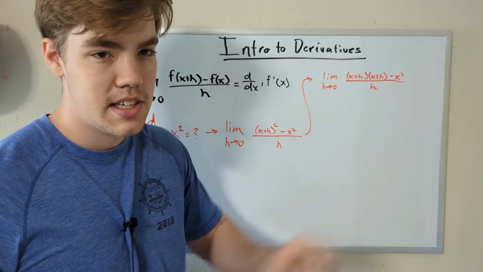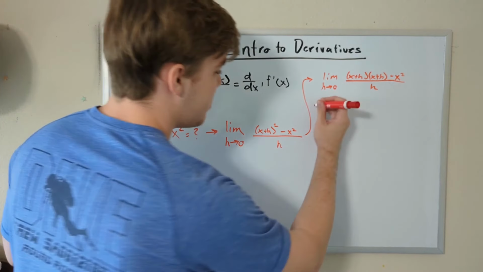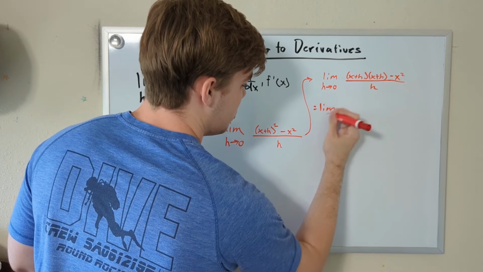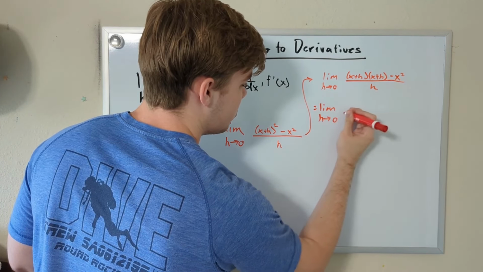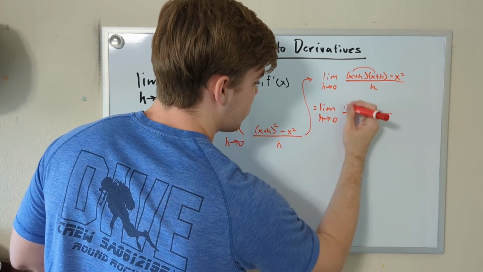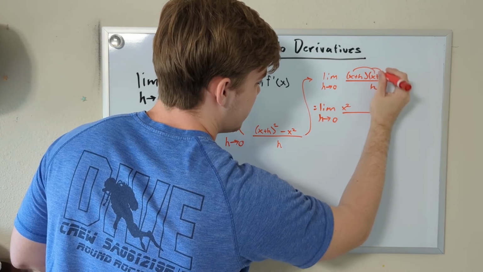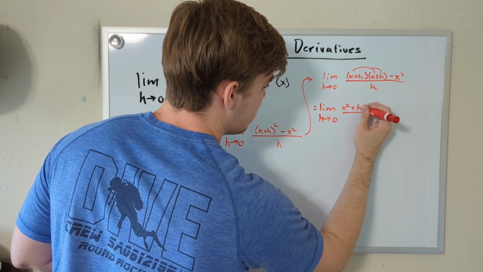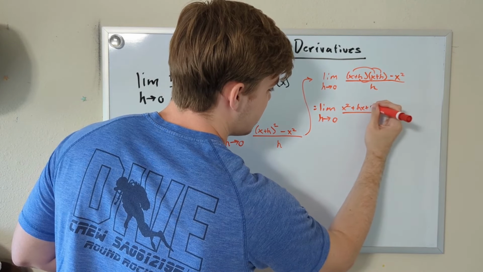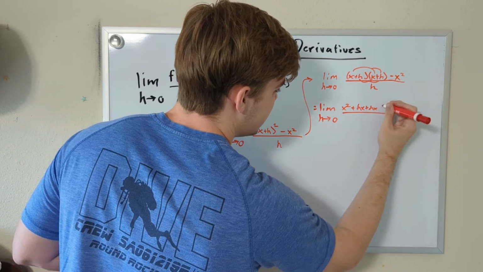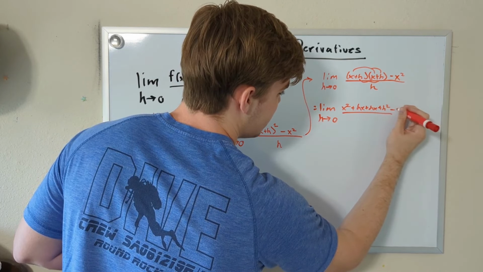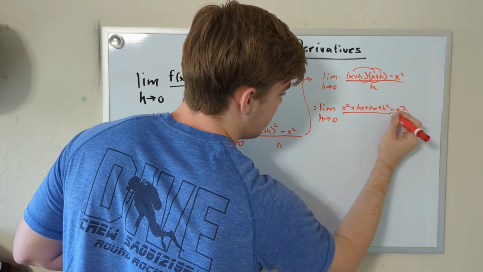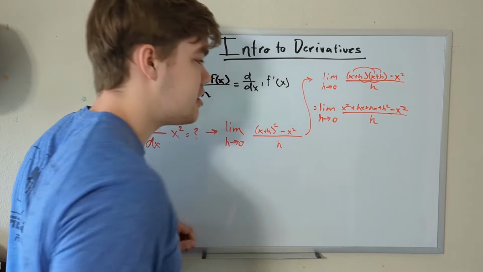Let's actually multiply these together and FOIL them out. So now we have the limit as h approaches 0 of x squared plus hx plus hx plus h squared minus x squared. And that's all still divided by h.